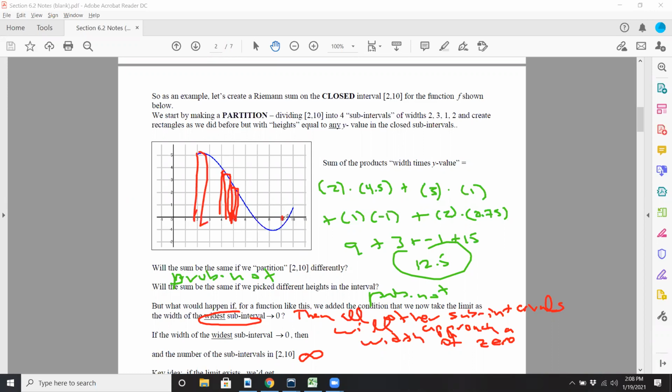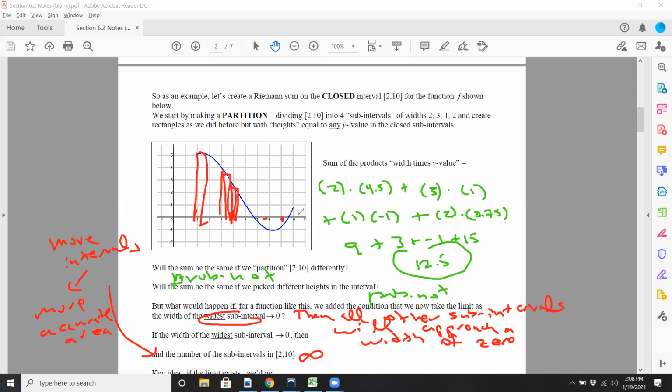And the thing is that the more intervals you have, the more accurate an area you get. So that's kind of the theory that's gone into this.